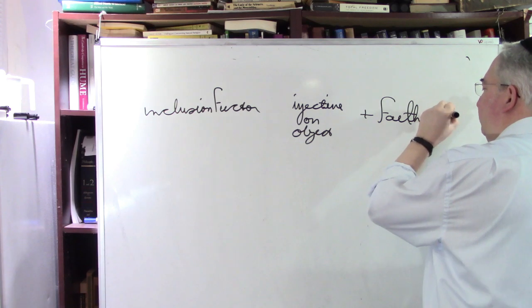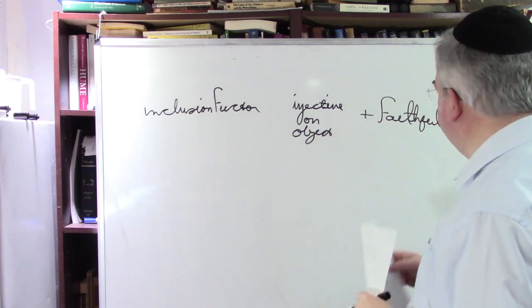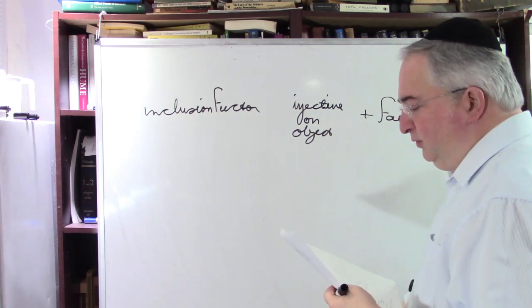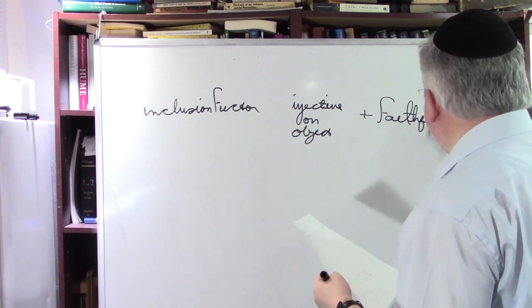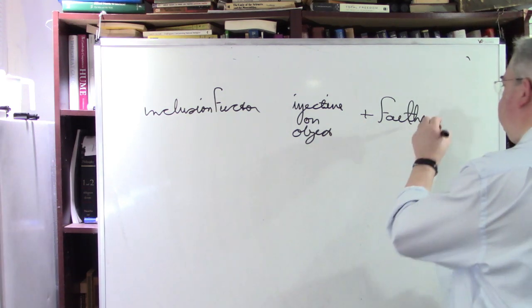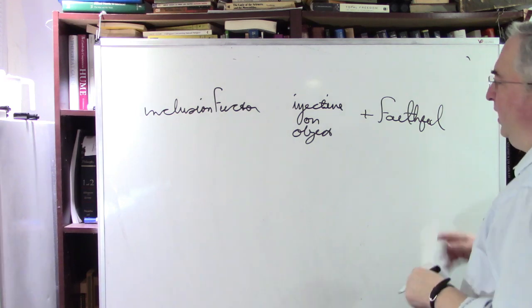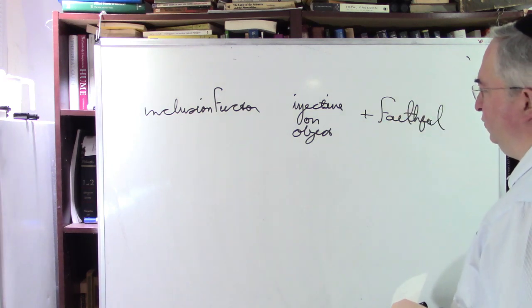That means the maps come and go. Faithful is one L or two L's, I don't know. Faithful. Okay, the maps include into each other.